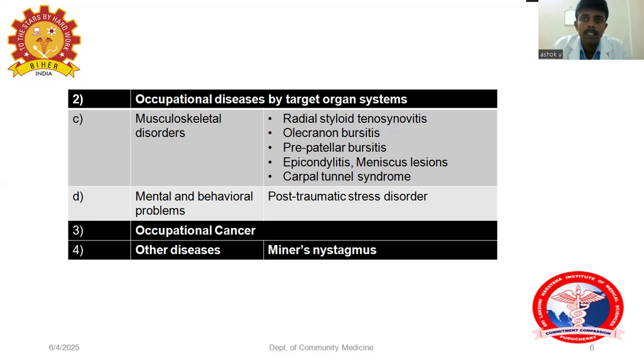Then we have occupational cancers, which can be mostly lung cancer, gastrointestinal cancer, bladder cancer, and skin cancer is very important. And other diseases like miners' nystagmus.